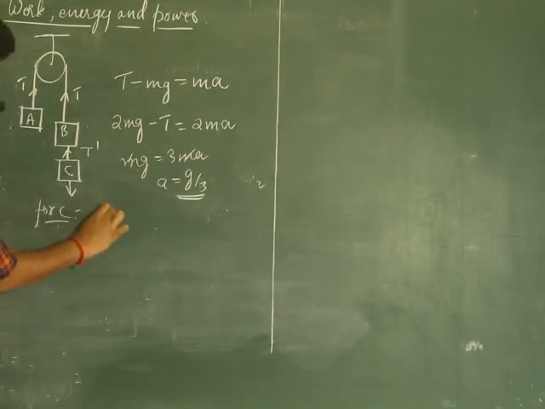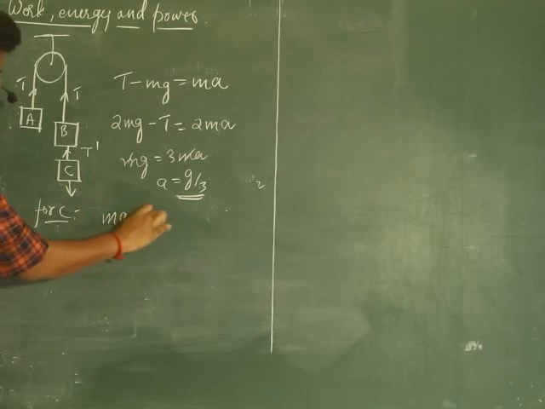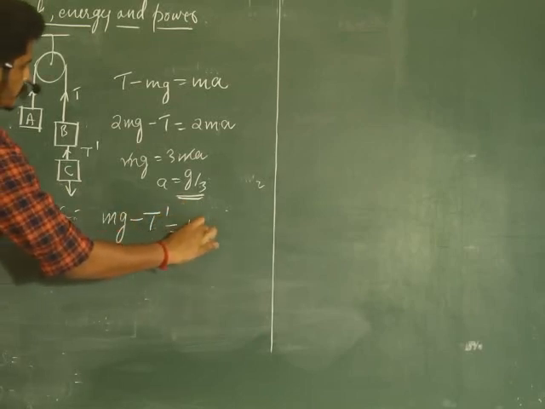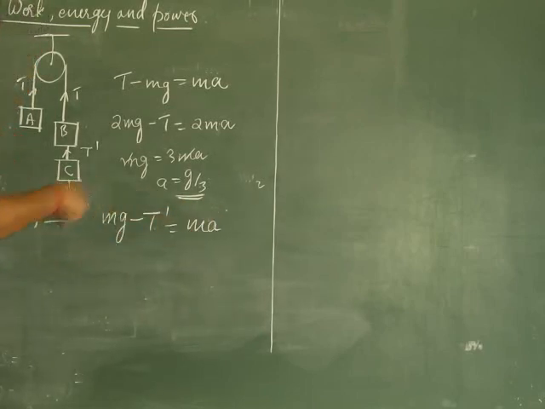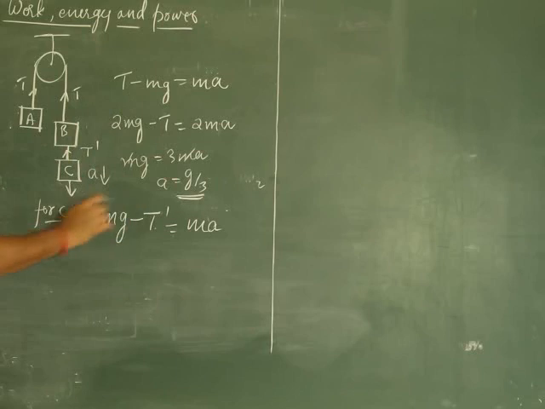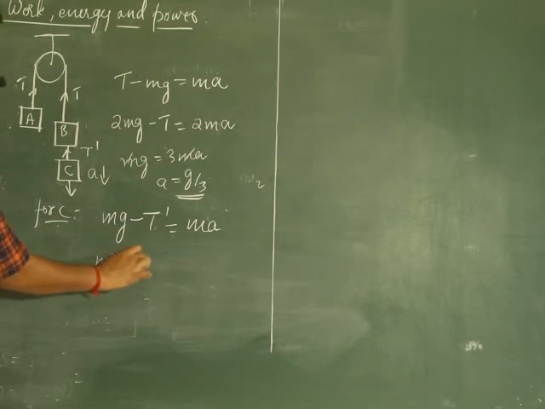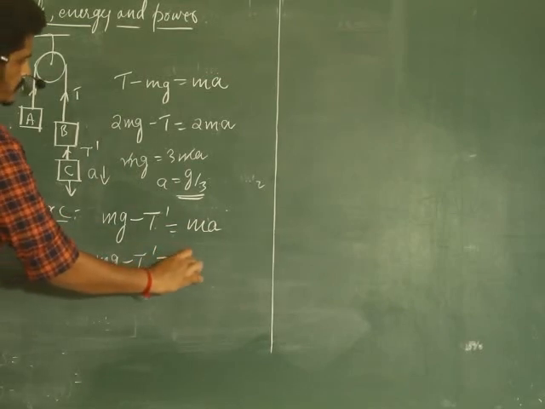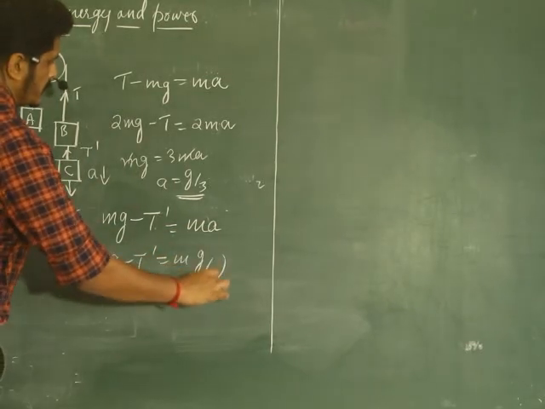So which one having higher magnitude here? mg will be having higher magnitude, correct? So equal to ma. Just make a change there because it is going downward, because acceleration is downward. Yes. So mg minus T dash equal to m into A is there, and A means you know already. So mg minus T dash equal to m into g by 3 it is.